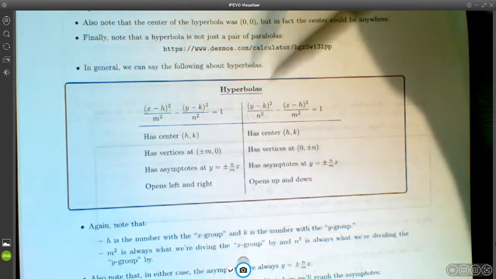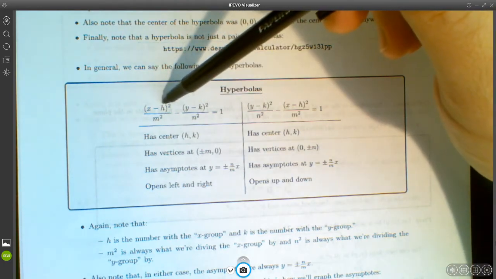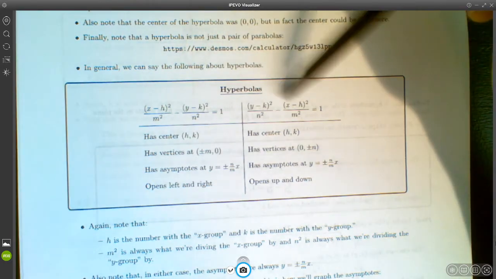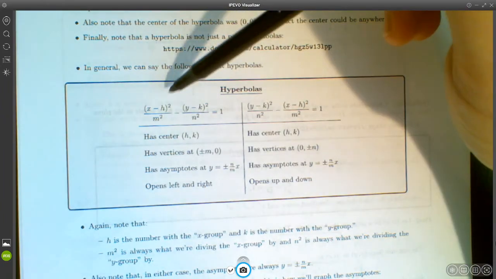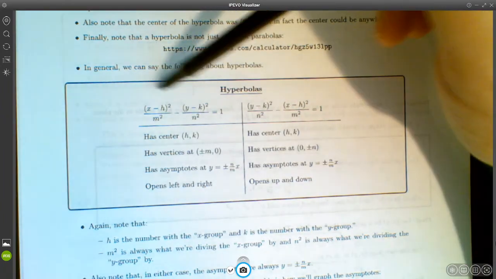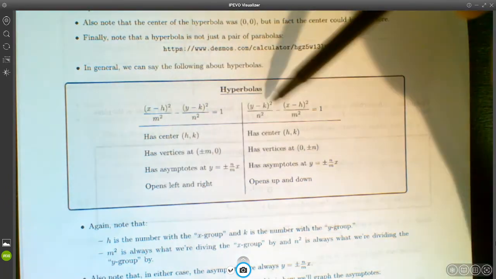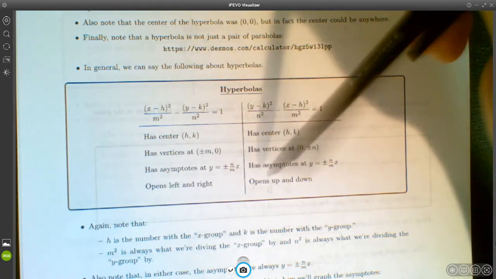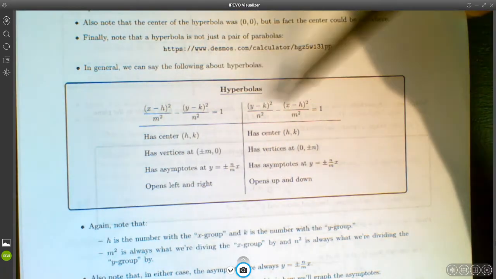Hyperbolas work like this: they're going to have center (h, k). h is always the thing that's with your x's, and k is always the thing that's with your y's. If the x group comes first, then the hyperbola opens left and right. If the y group comes first, then the hyperbola opens up and down. That's the difference between these two things.